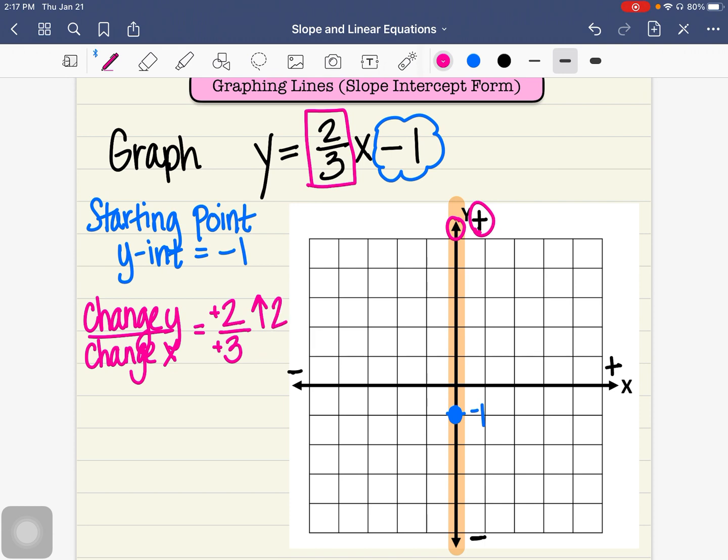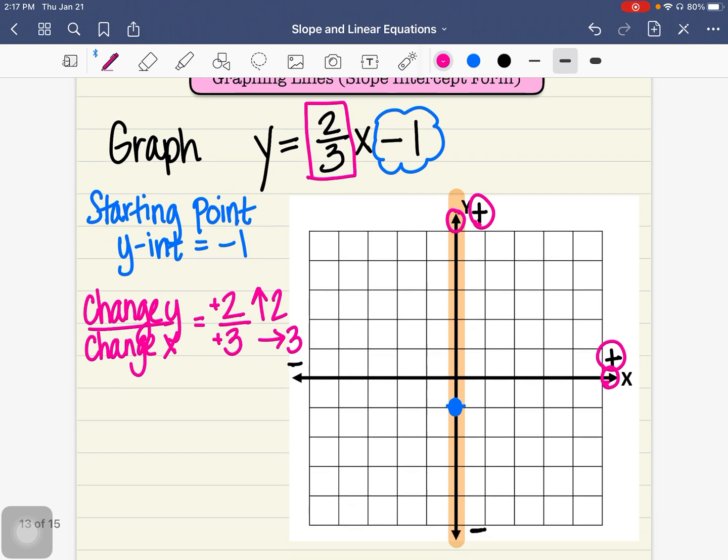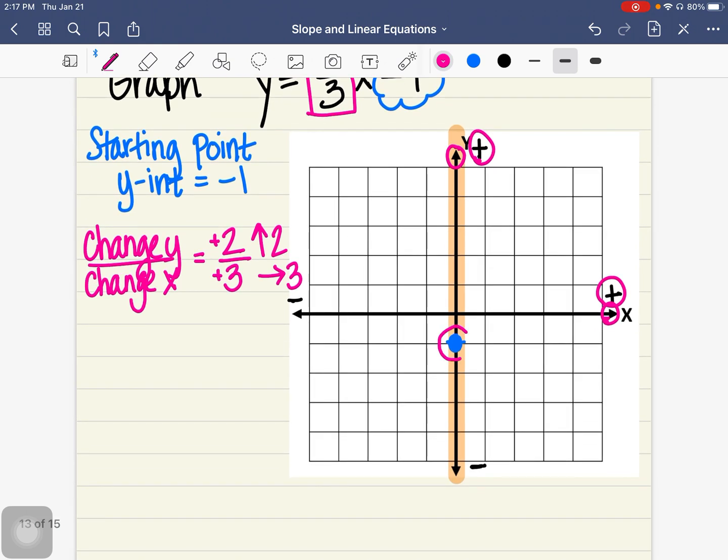And now on my x, it's also positive, right? Positive x means I have to go to the right 3. And I put in up 2, right 3. Those are my directions. So my starting point is down here.